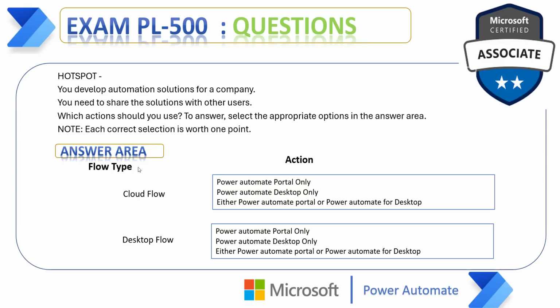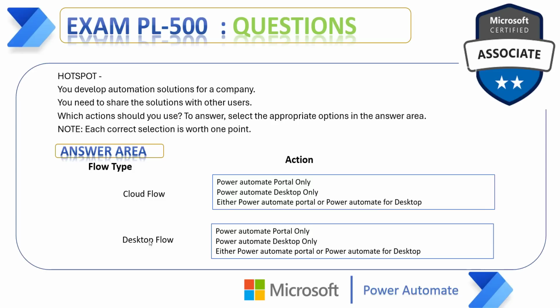There you can see in my answer area, there are two flow types that we have. The first one is cloud flow, another one is desktop flow. Out of these three actions, to share the cloud flows and the desktop flows, we have only one option, that is Power Automate portal only, where we can share our cloud flows and the desktop flows. For the desktop flow also, we share our desktop flows by using the Power Automate portal only.